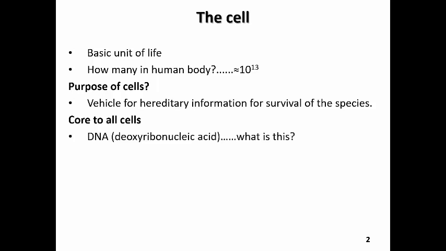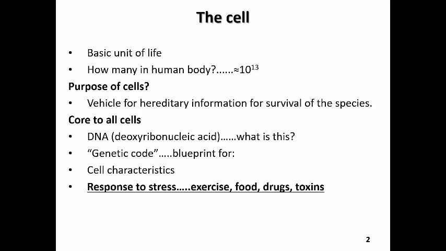There are some key elements that are core to all cells. DNA, also referred to as deoxyribonucleic acid, is the macromolecule that provides the genetic code for the cell, and this genetic code provides the plan that dictates the characteristics of a cell.